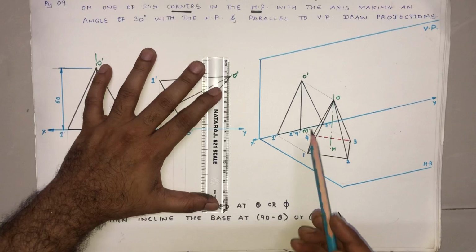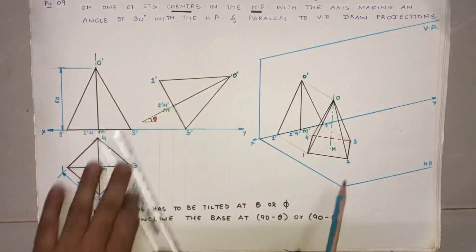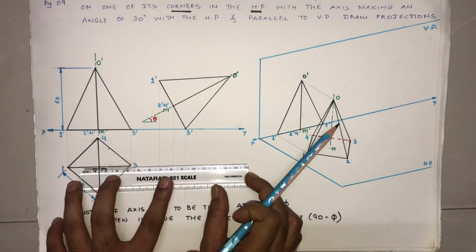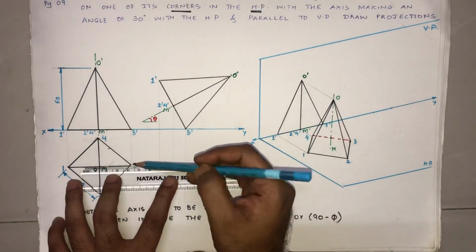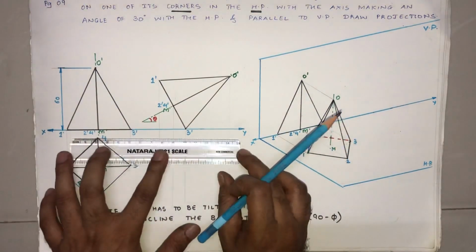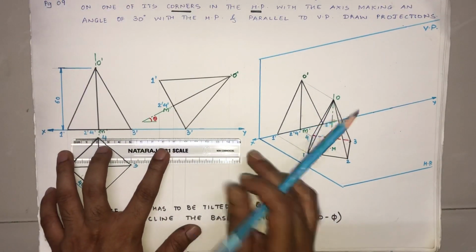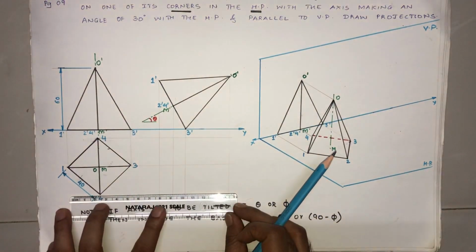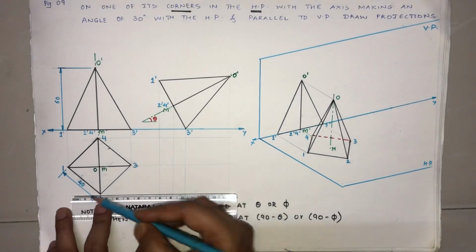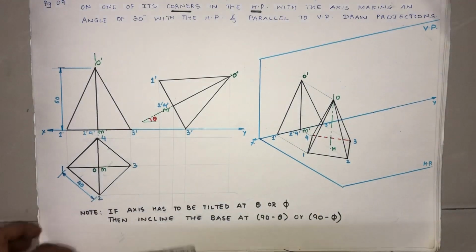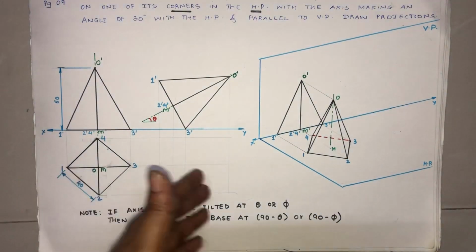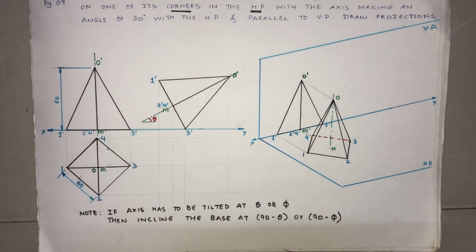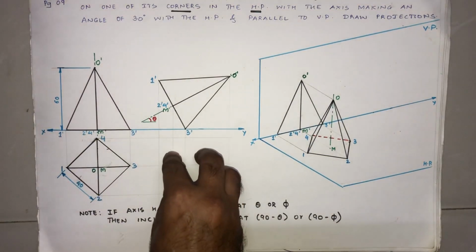Remember, construction lines are very important, and they have to be absolutely light. And here I'm just projecting the top view points also. I projected all the points from the top view, and all the points from the front view as well, to complete this particular view.